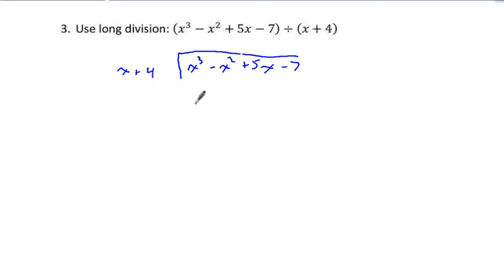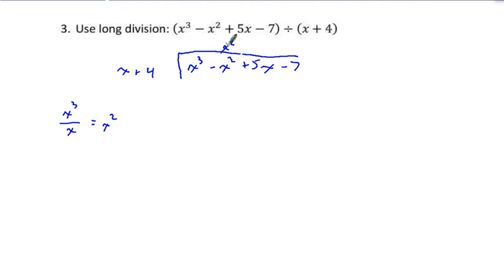Again, we're going to keep our columns cubed, squared, first power, and constants in order. We start following the same steps, which were to divide. So x cubed divided by x is x squared, which will go in the x squared column.